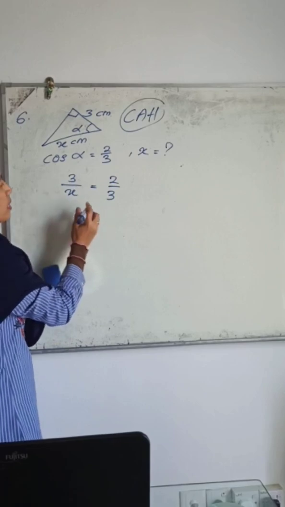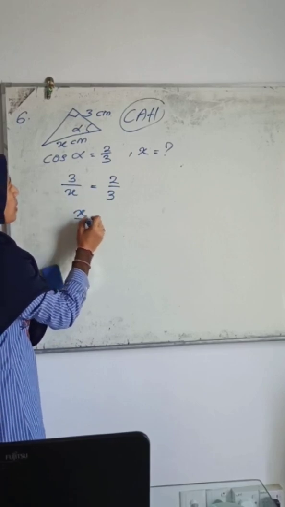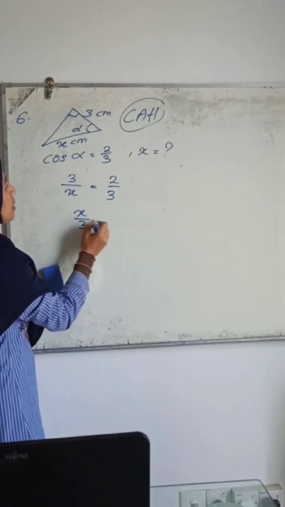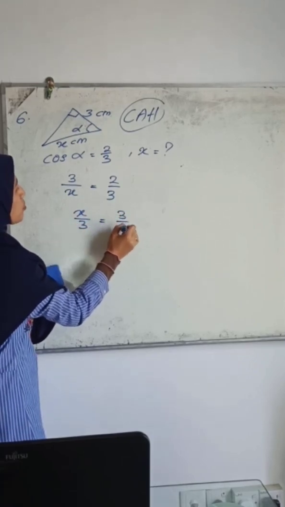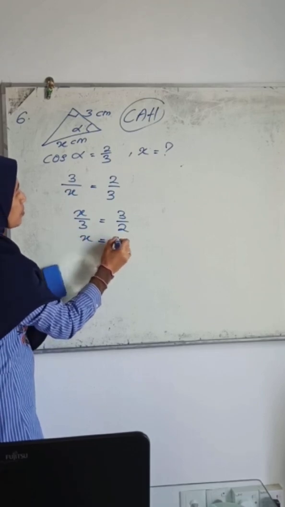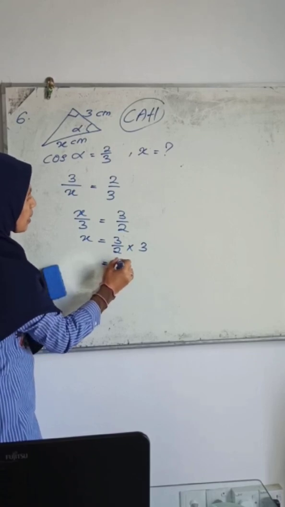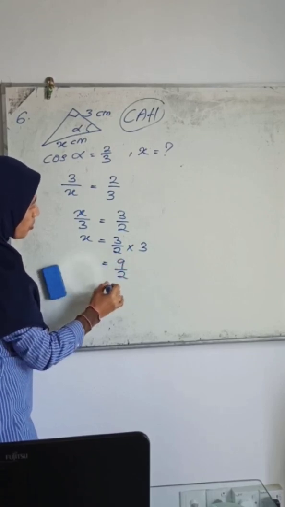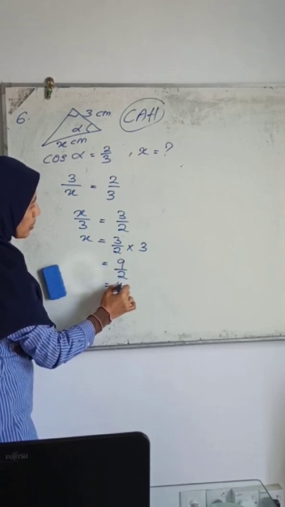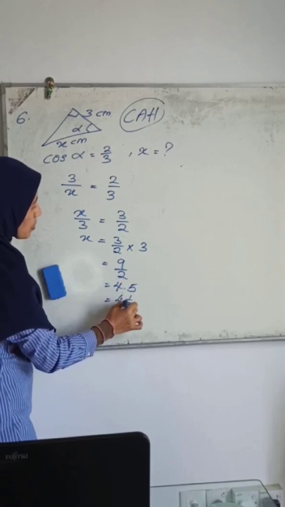Simplify, so x per 3 equals 3 per 2. So you can find x easily. 3 per 2 times 3, 9 per 2, or 4.5, or 4 1 over 2.